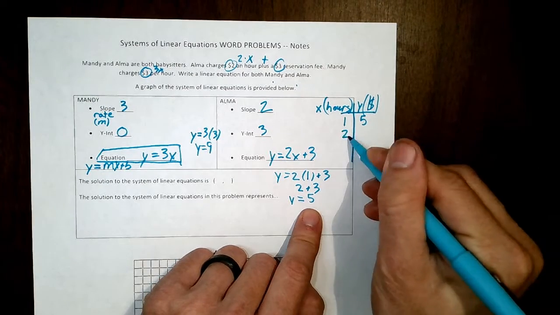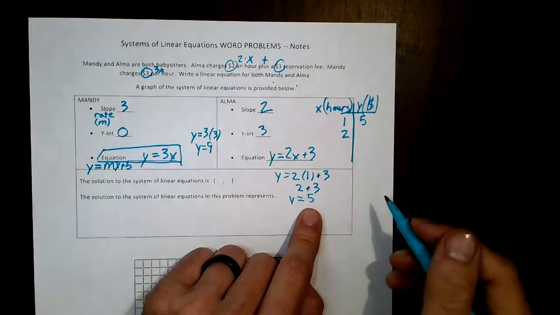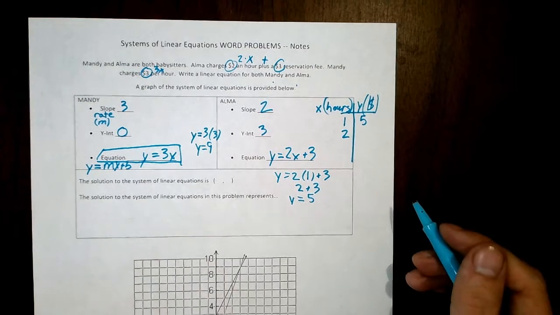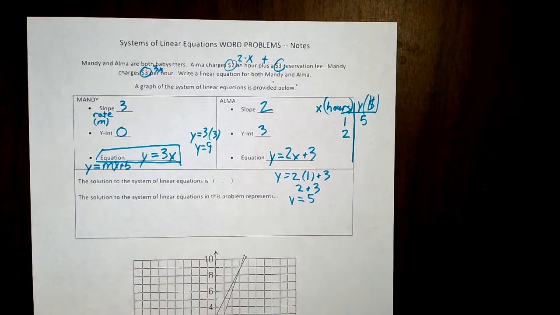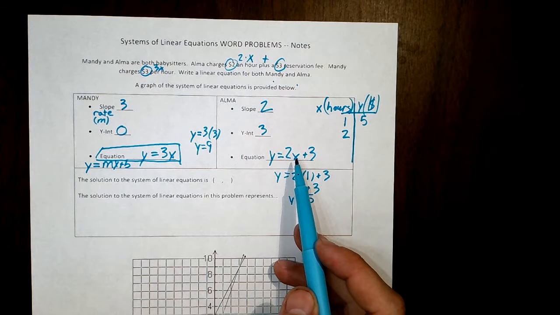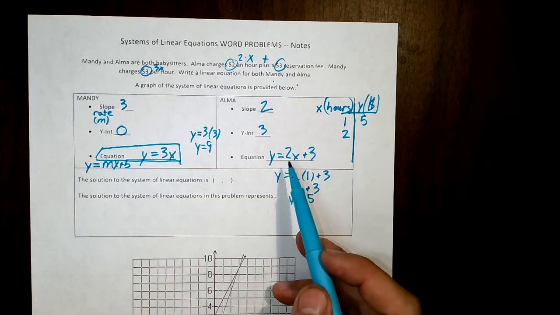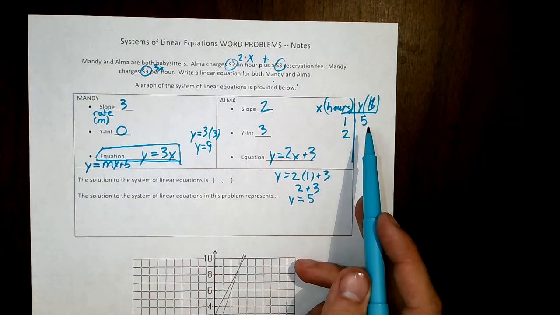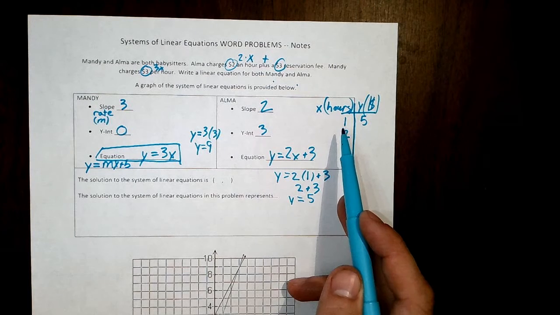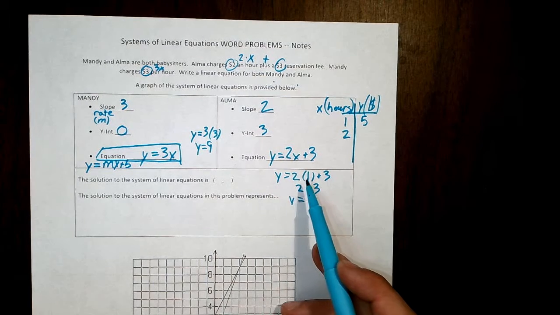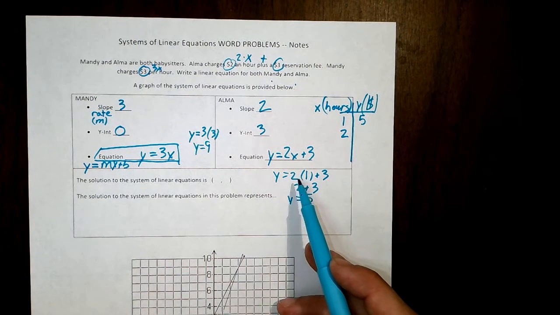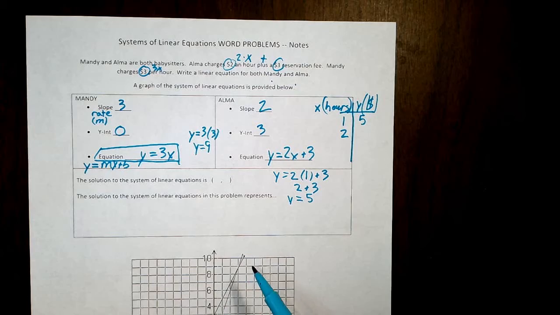She works 2 hours. How much does she make in 2 hours? Yeah, where did I get that from? I used my equation, and instead of x, I put 1 hour. What is our y value when x is 1 hour? I said, well, when x is 1 hour, I do 2 times 1, and I get 2. And I add 2 plus 3 to get 5.